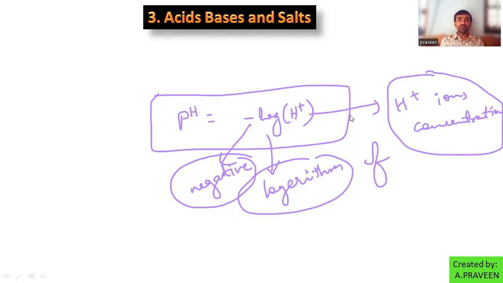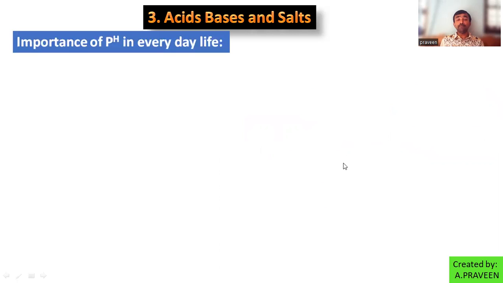Now we'll move on to another topic, that is the importance of pH in our day-to-day life, in our everyday life. It is very, very important. Based on the pH values, the substances are classified into 3 categories. Acidic substances and basic substances, which are also called alkaline.